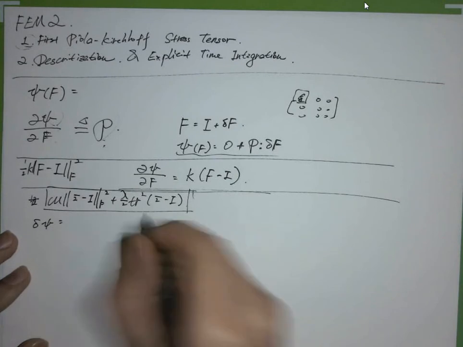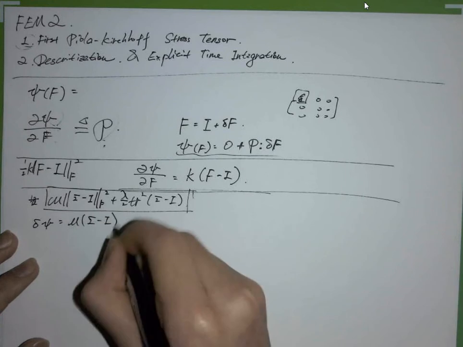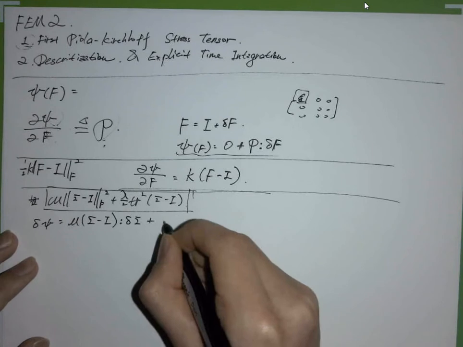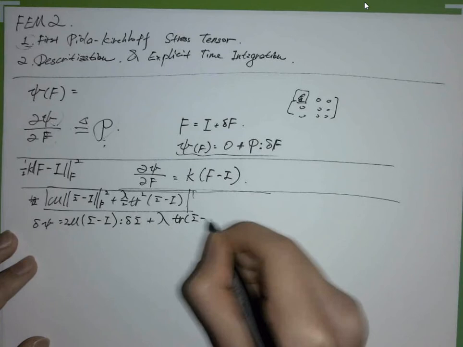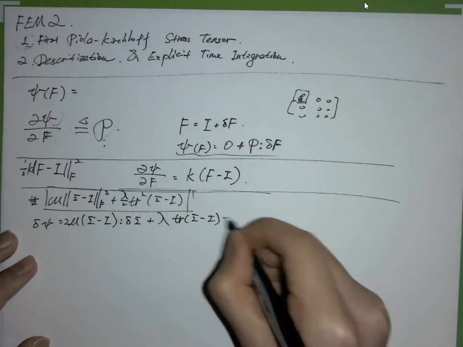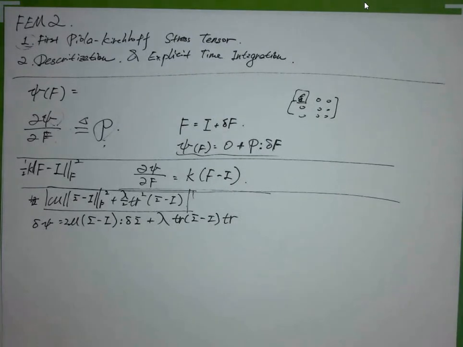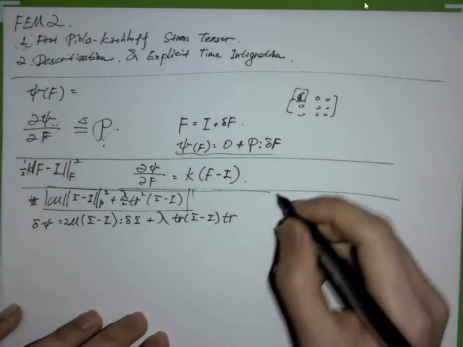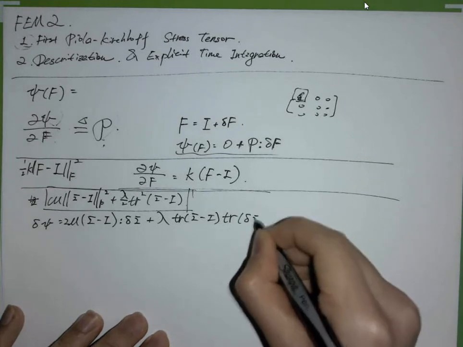It becomes mu multiplied by epsilon, sigma minus I, double contracted with d sigma, plus 2 lambda trace of sigma minus I multiplied by, let me get my cheat sheet, trace of d sigma.